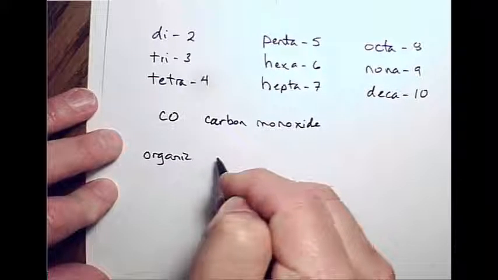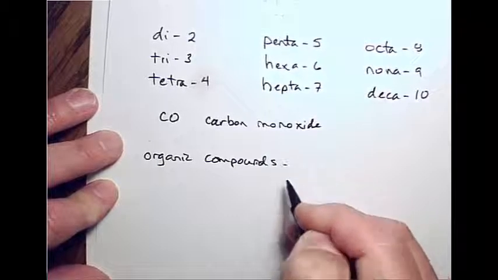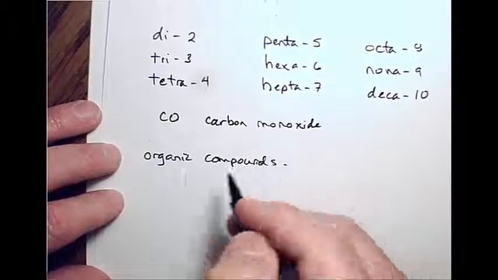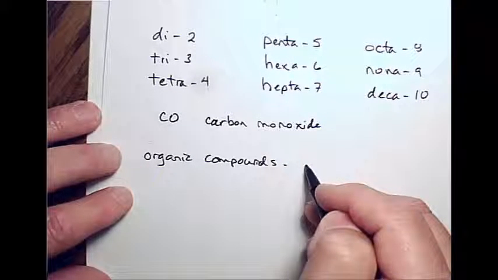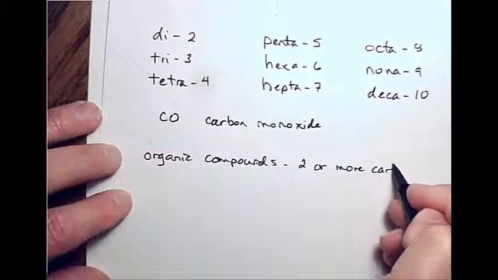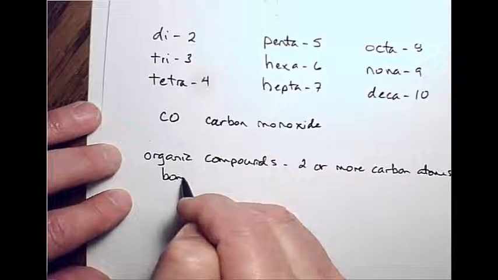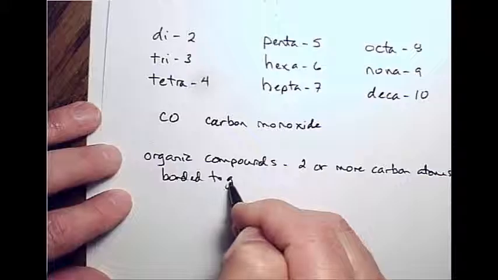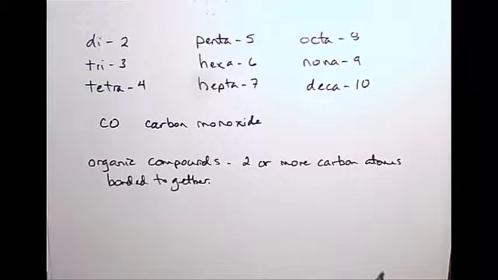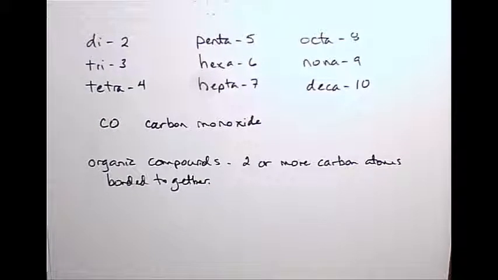Now what is an organic compound? Organic compounds, with some exception, are those covalent compounds, all nonmetals, covalent compounds that have two or more carbon atoms bonded together.